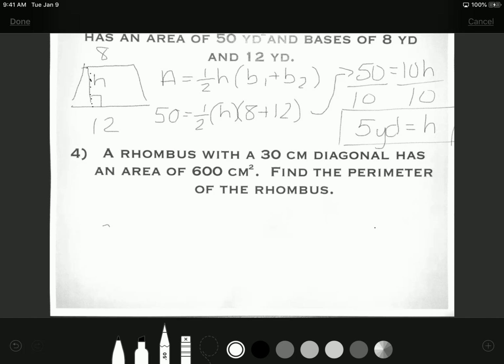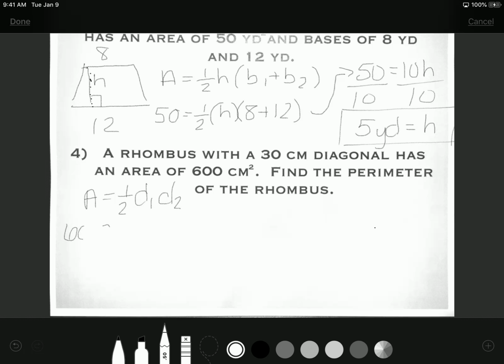The next problem that we have is a rhombus. Now this rhombus has a 30 centimeter diagonal and an area of 600 centimeters squared. We want to find the perimeter of the rhombus. So let's take a look at our area formula first. Our area formula is 1/2 times d1 times d2.